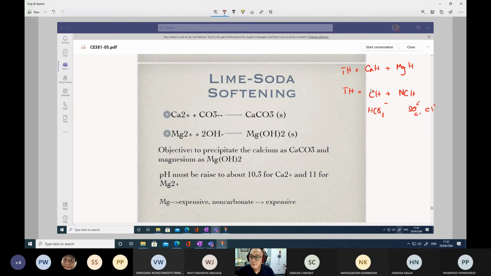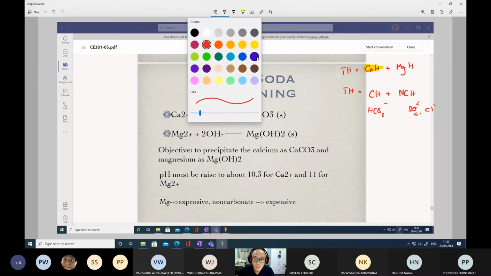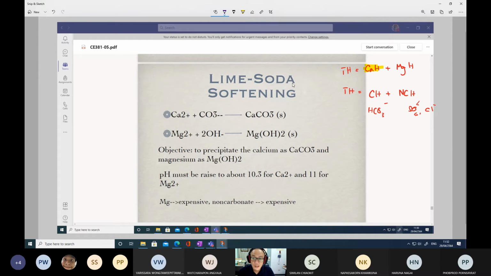Okay, for lime soda softening, normally we try to remove this one. This could be our first priority. Remember that hardness is not a parameter we try to remove 100%.